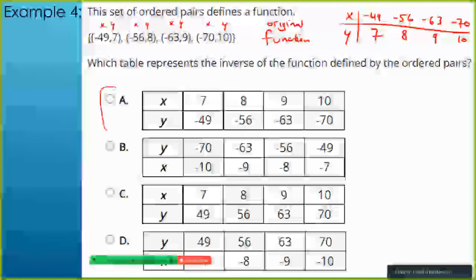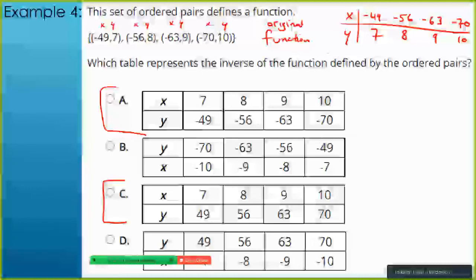So it looks like it could be A and it could be C because those have 7, 8, 9, 10 for x. All right, then we want to see negative 49, negative 56, etc. below. So if we look at A, this is it. This has the exact same values, but all switched. C has them made positive for some reason. That doesn't make sense.